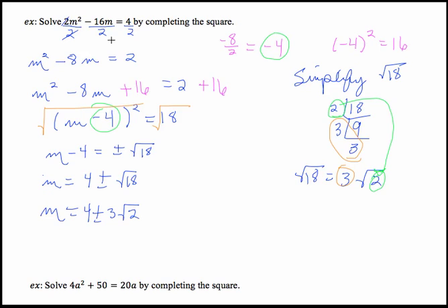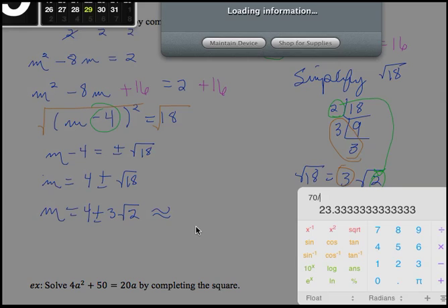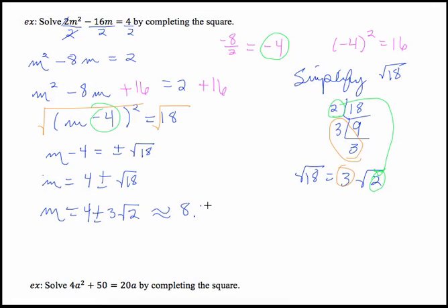Those are the two solutions that solve this quadratic equation. They're decimals, so you would have to type 4 plus 3 times the square root of 2 into your calculator to estimate them. Let's go ahead and do that on this example. If I do 4 plus 3 times the square root of 2, I get, let's go to 3 decimals, 8.243 if I round up.